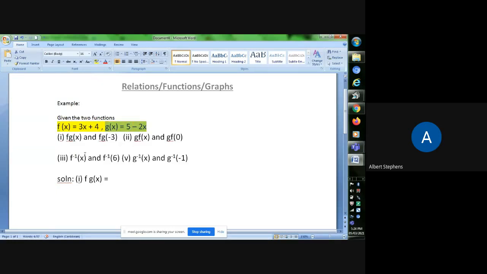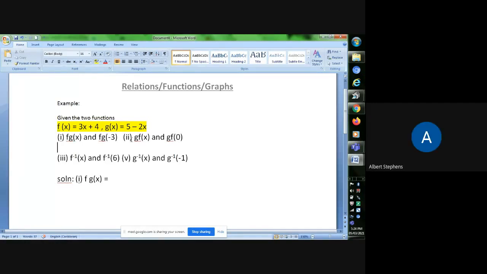Let me ask a question. This just came to my head a while ago. Which minister, which politician uses the word function a lot? Anybody know?